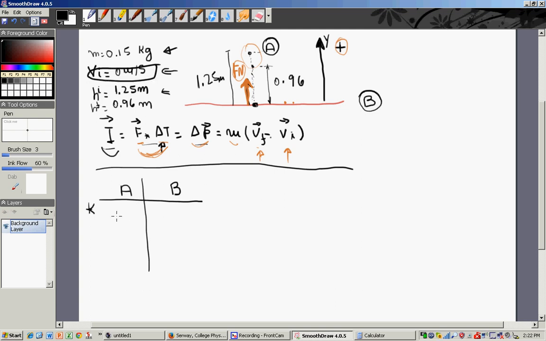Do I have kinetic energy at point B? Yes, I do. It is when the ball is about to strike the floor, and that is what I'm calling here the initial velocity, the velocity as it is about to strike the floor. I should have changed this symbol here. I should call this V naught, H naught.